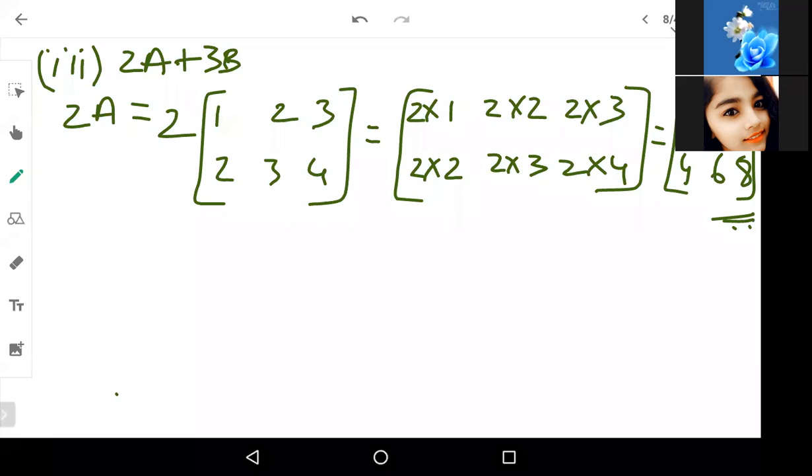Now, next, you are also supposed to find out 3B. Can you find 3B and tell me the answer? Find out 3B.